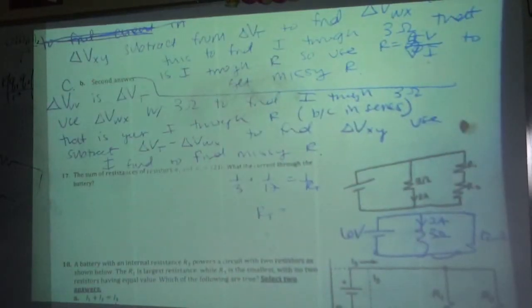That gives me a total resistance of 4? No, 2.4. And then I'm looking for I total, that's V total over R total.